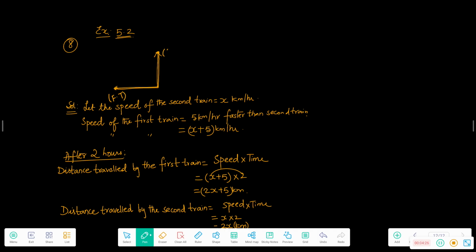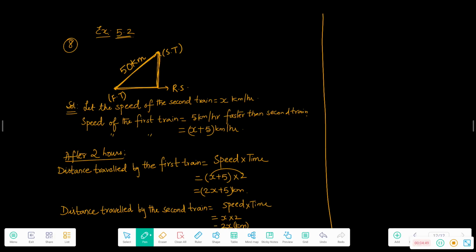This is the distance covered, assuming this is the railway station. So these two are at a distance of 50 kilometers apart. This is the distance between the two trains after 2 hours. Find the average speed of the train.